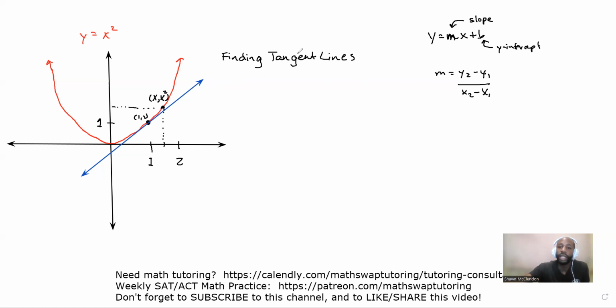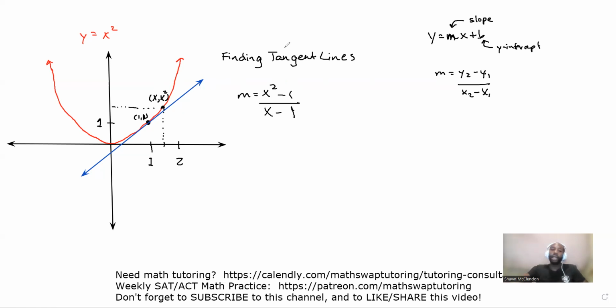So if you were to find the slope here, m would be equal to y2, which is x squared, minus y1. This is supposed to be a 1 right here, over x2 minus x1. Okay. So now we are able to find our slope.